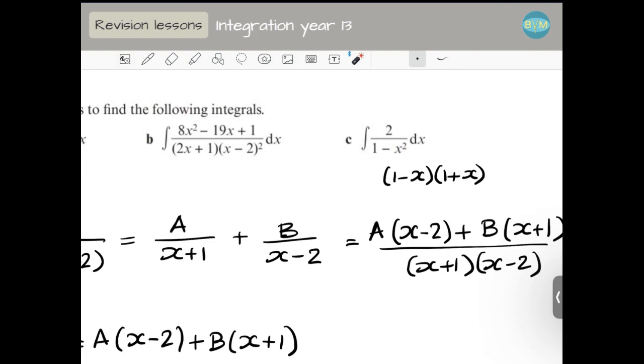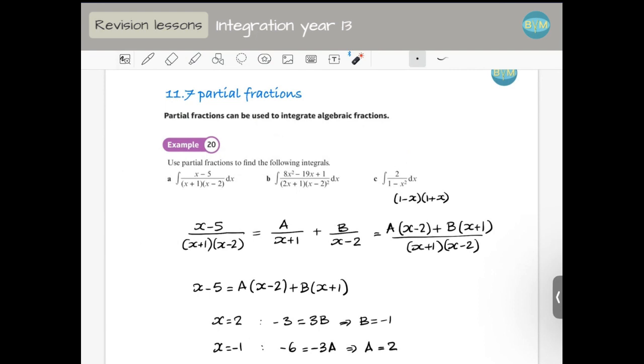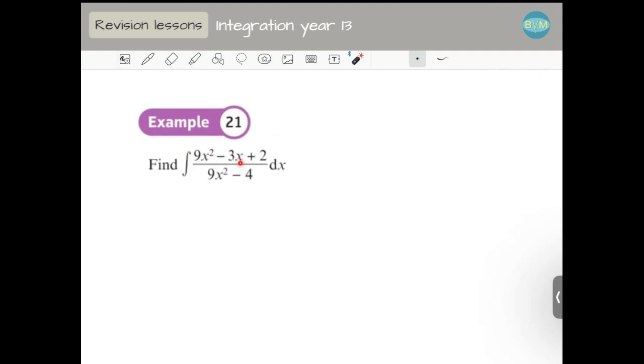But keep that as an idea. When you have to integrate algebraic fractions, it could be partial fractions, simplifying, or when the degree of the numerator is equal to the degree of the denominator, like this one, an improper algebraic fraction, you can divide first.